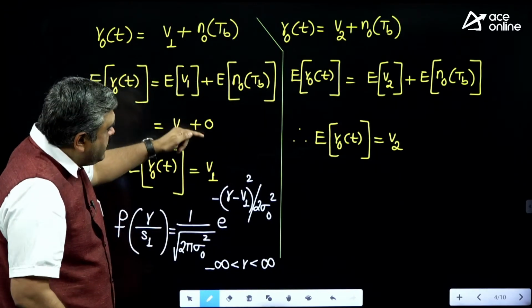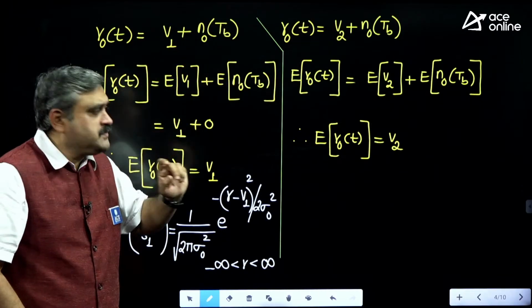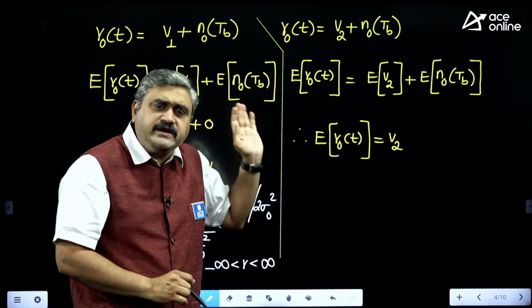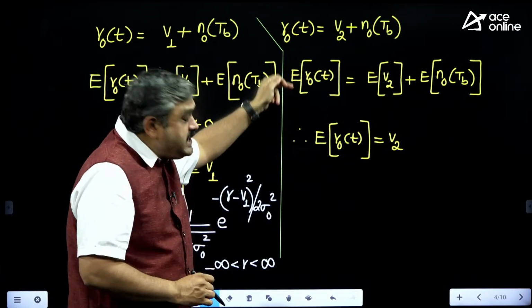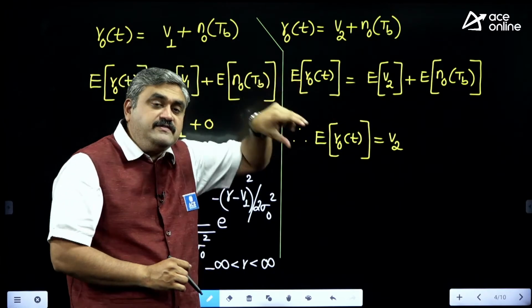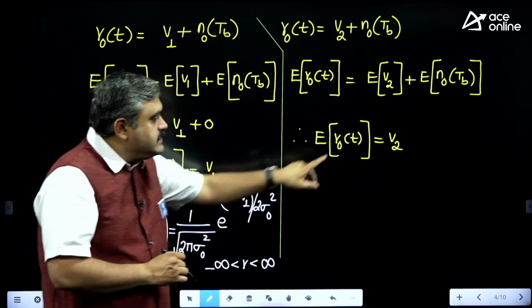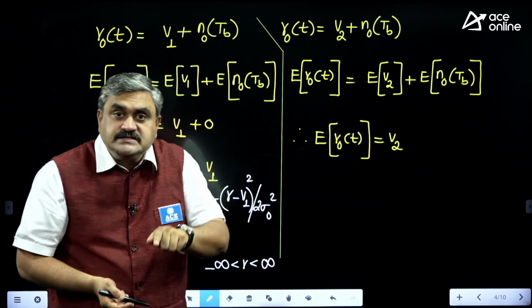Similarly, when you have transmitted S2, it comes at the input of the receiver and gets processed through all the blocks. The mean value of the received signal coming at the input of your threshold detector is V2. Its density function is also Gaussian.